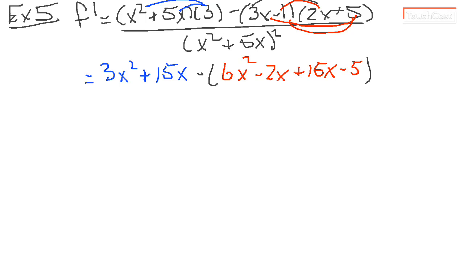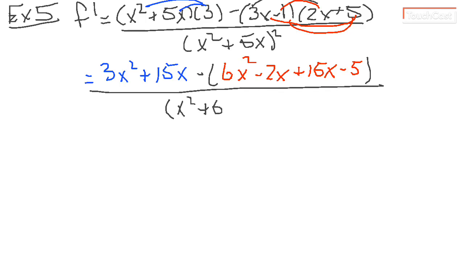Now, we put all of that over x squared plus 5x, quantity squared.